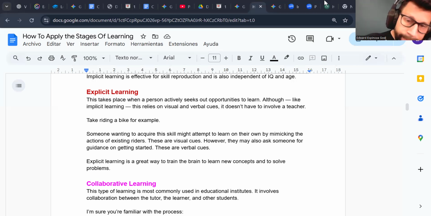However, they may also ask someone for guidance on getting started. That's what we would understand as the verbal cues. So, mimicking is the visual, and asking for guidance is the verbal. Explicit learning is a great way to train the brain to learn new concepts and to solve problems.